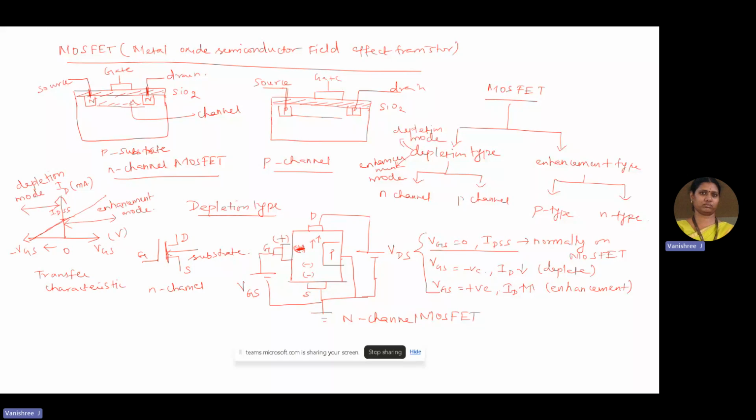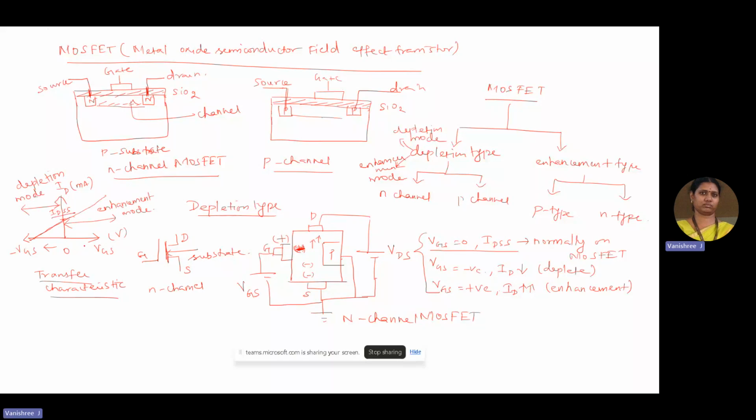So what do we mean by transfer characteristics? Transfer characteristics gives you the idea of how the gate source voltage is controlling the overall operation of the device and in what way it is controlling the output current, which is the drain current. So this device operates both in the depletion mode and enhancement mode. It works for all the three values of gate voltage. For zero gate voltage, there is a minimal drain current, which is IDSS.